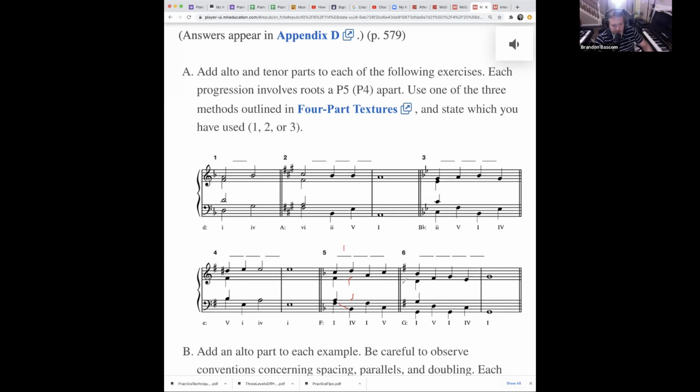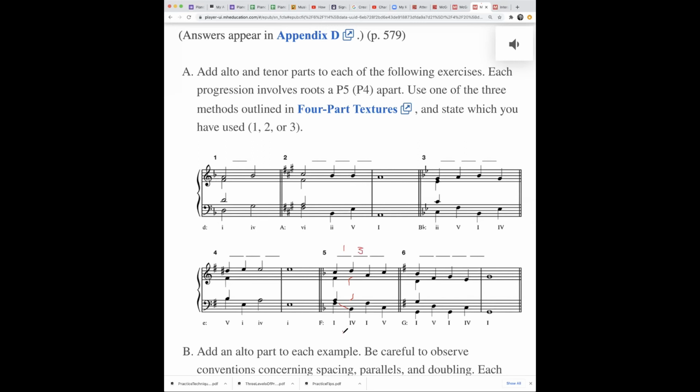All right, next. What have they drawn up for us? They leaped a fifth in the opposite direction. They did the tertian leap thing.